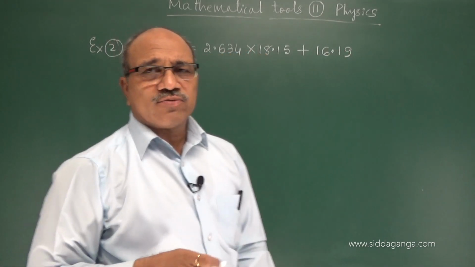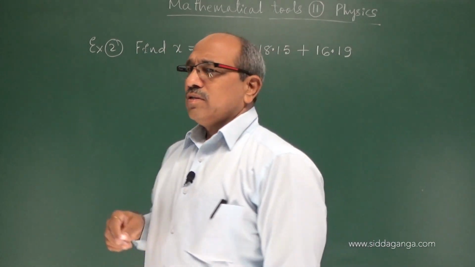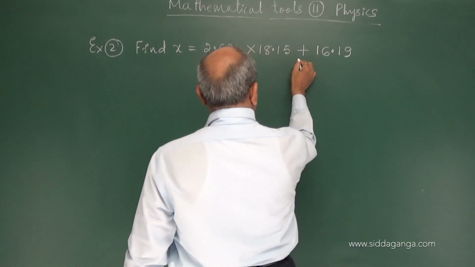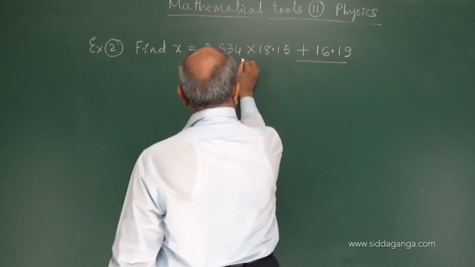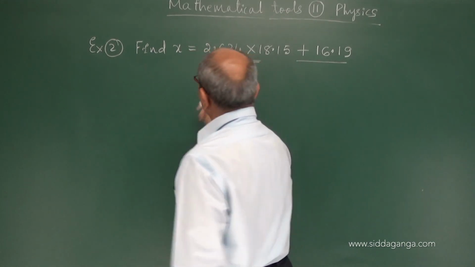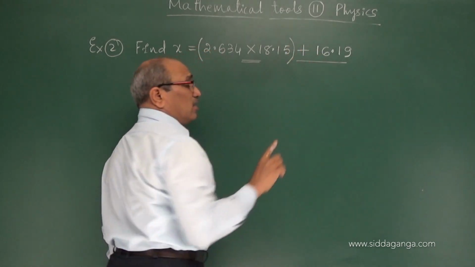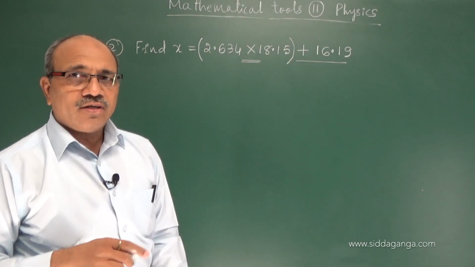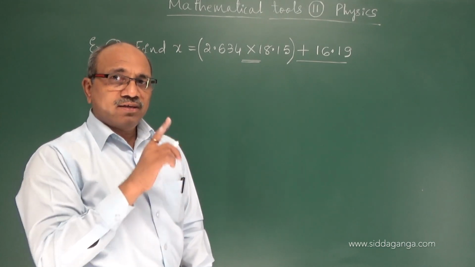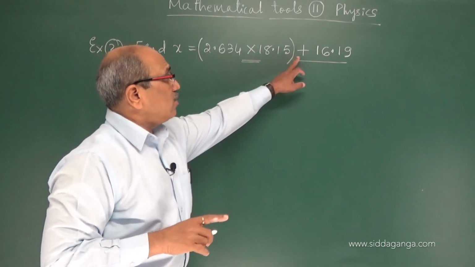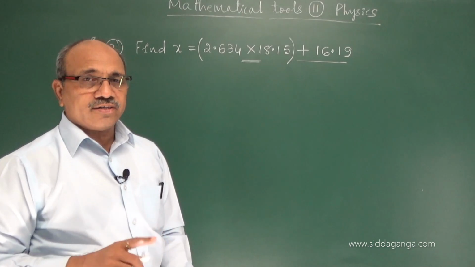You have to find its value. So here there are two operators, one is addition and another is multiplication. You cannot apply the log for addition. Remember, we cannot apply the log table, the log operator, for addition.